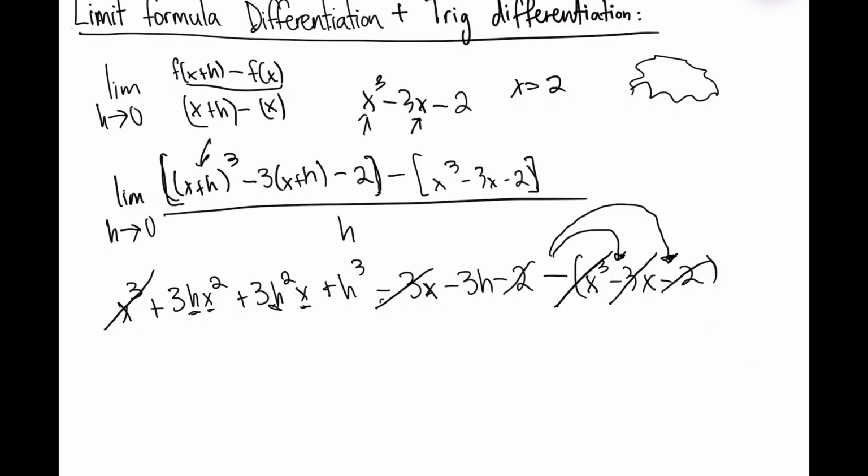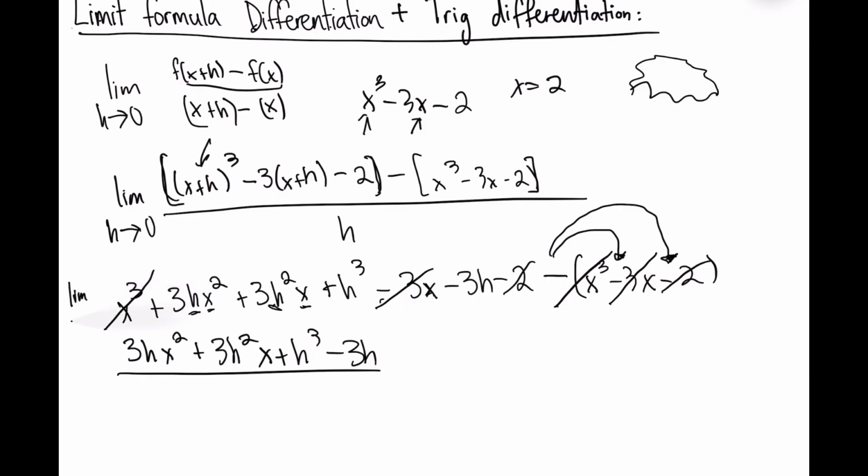And once you're done with this, you're pretty much left with 3h x squared plus 3h squared x plus h cubed minus 3h. And you can't forget about that denominator and, of course, that limit as h goes to 0. Limit as h goes to 0.